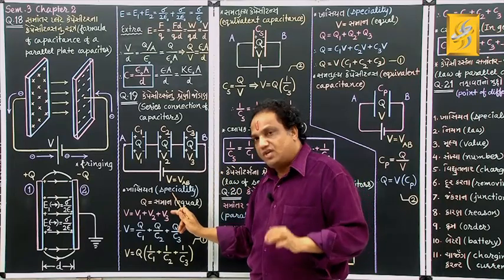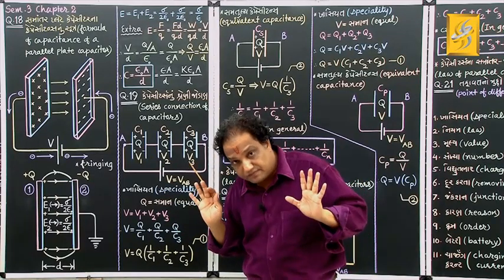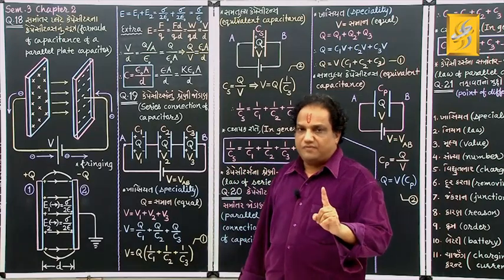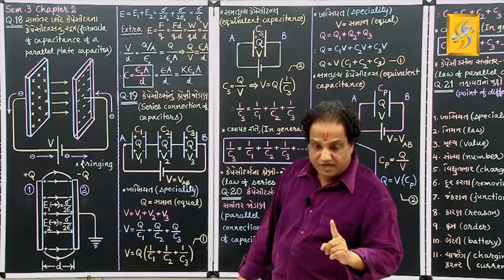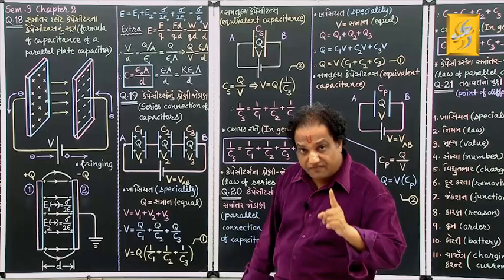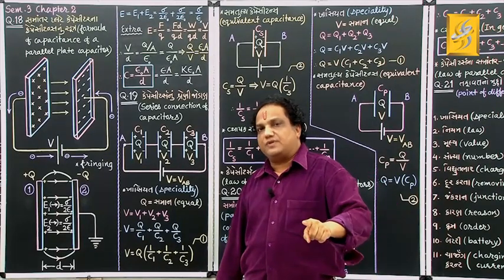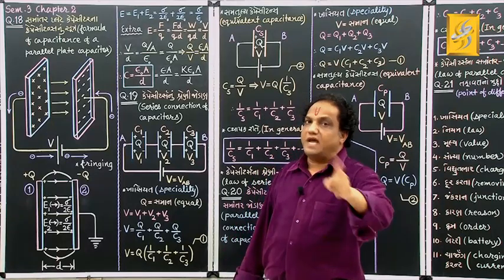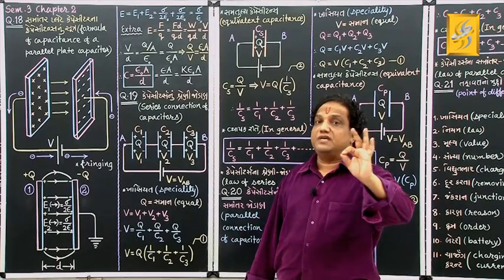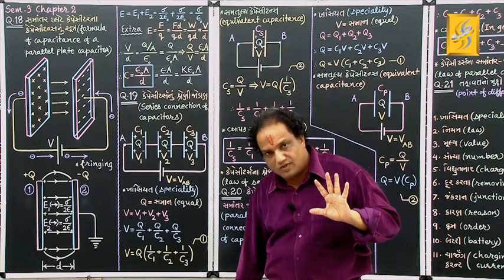This is the speciality of such a series connection. If in a given connection of capacitors with different capacitances, the charge deposited on each capacitor is the same, then that connection is called a series connection. Got it?